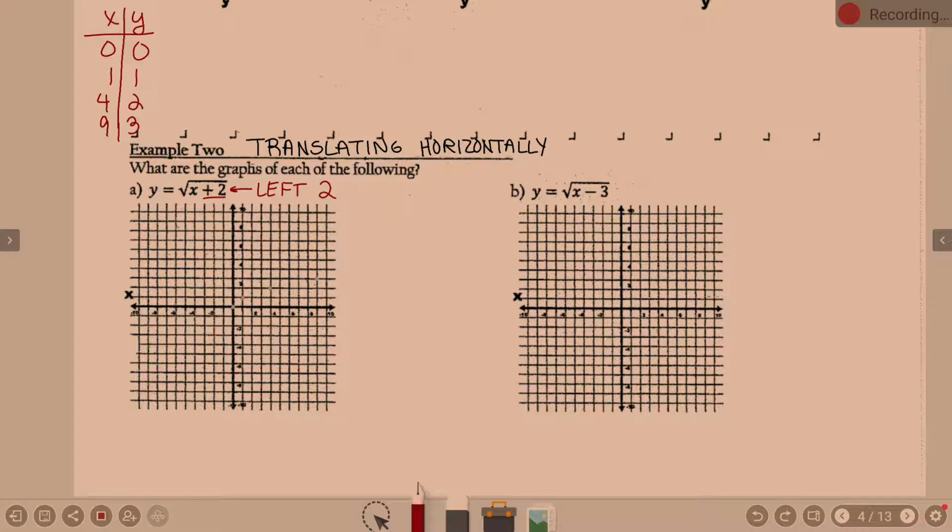Now, left 2, 0, 0 is no longer at 0, 0. It needs to go negative 2, 0. 1, 1 becomes negative 1, positive 1. 4, 2 backs up 2, so it's at 2, 2. And 9, 3 backs up 2 to be at 7, 3.